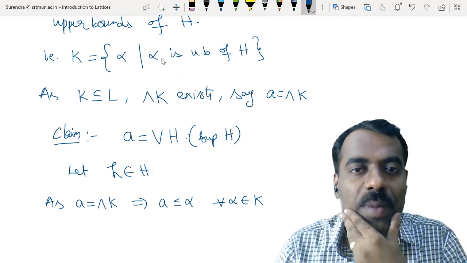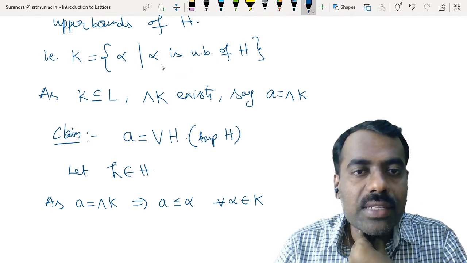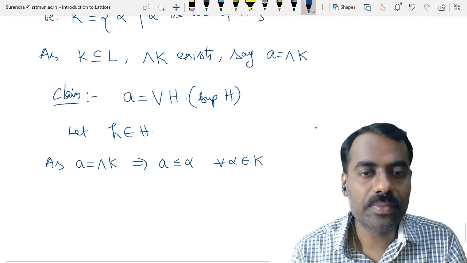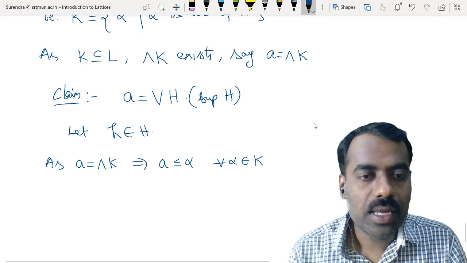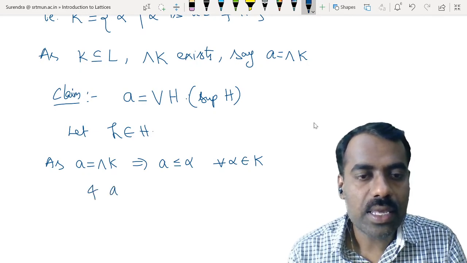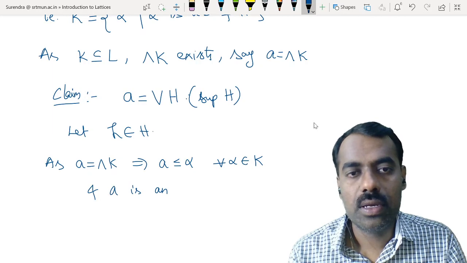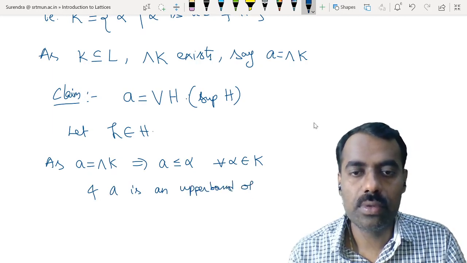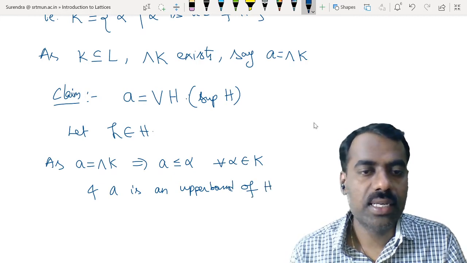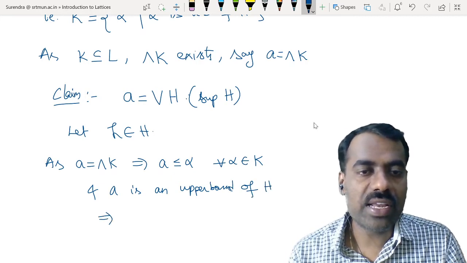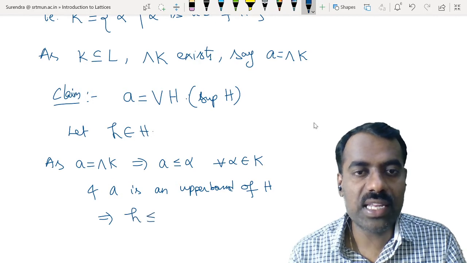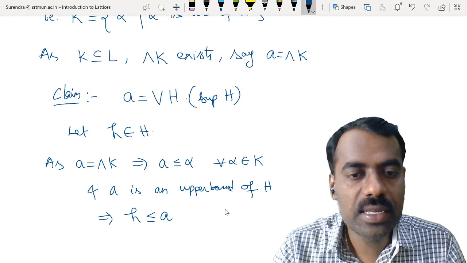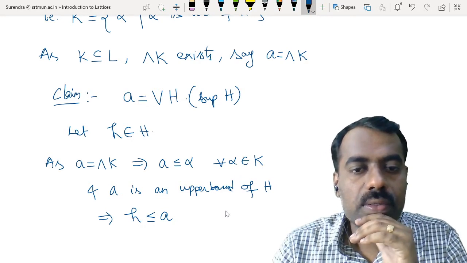So in particular, A is actually an upper bound of H. This shows that whenever you have an element h, you get that h is less than or equal to A. Is this clear? Are you following? Yes, sir.